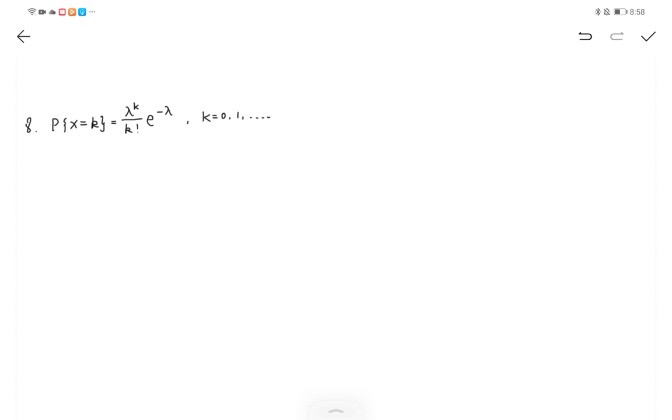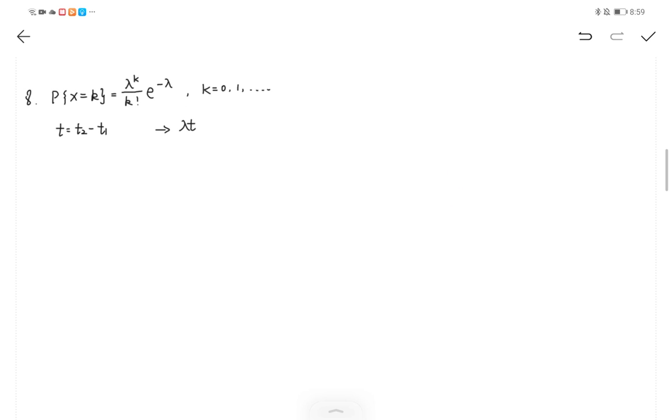And now we have a Poisson process, and the random variable of the length t equals t2 minus t1 is a Poisson random variable with parameter lambda t. So now our parameter changed into lambda t.